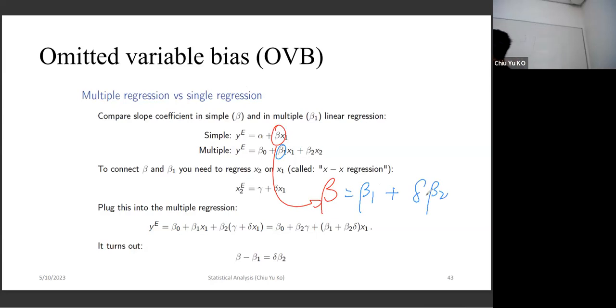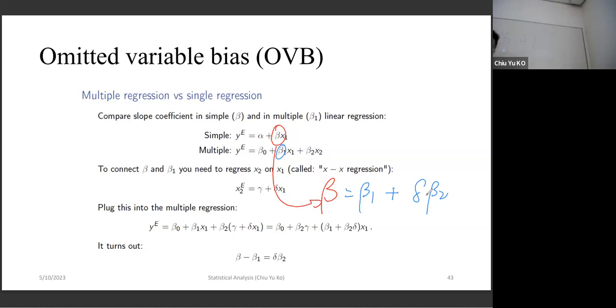So what does that mean here? This is equal to itself plus how x2 and x1 are related. Delta is the correlation coefficient between x1 and x2, right? And you can see if this delta is positive, which means that x1 and x2 are positively related, and beta 2 is positive, then beta is bigger than beta 1.